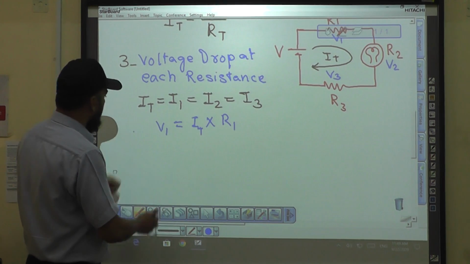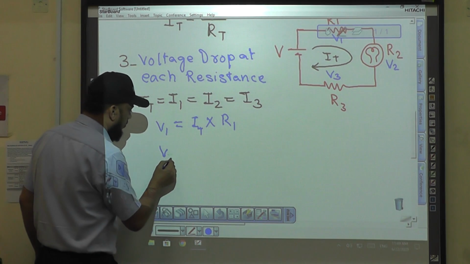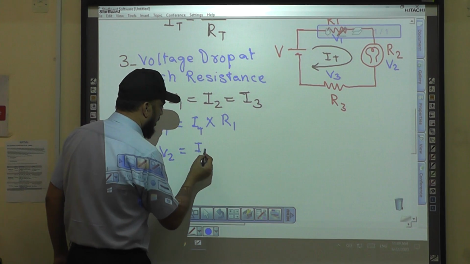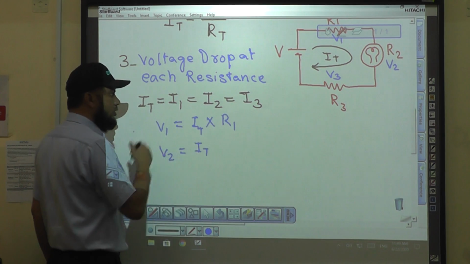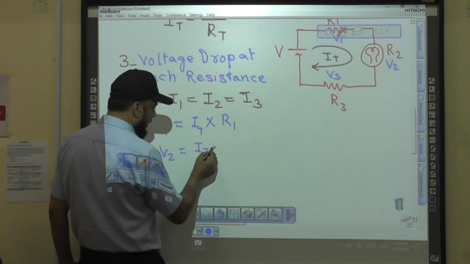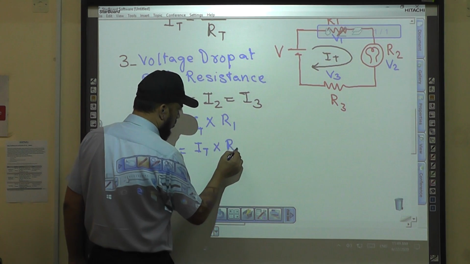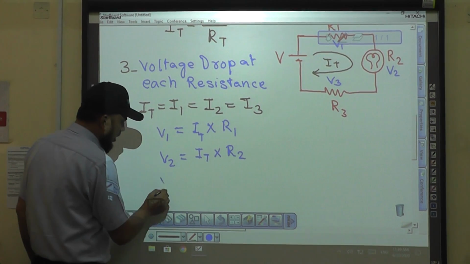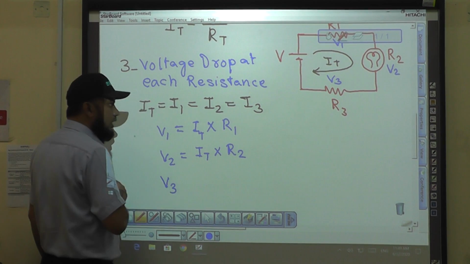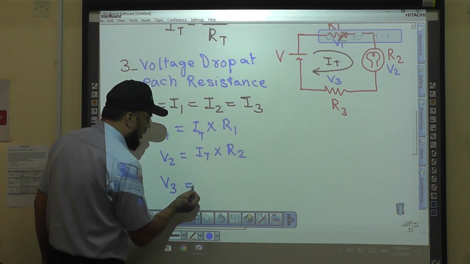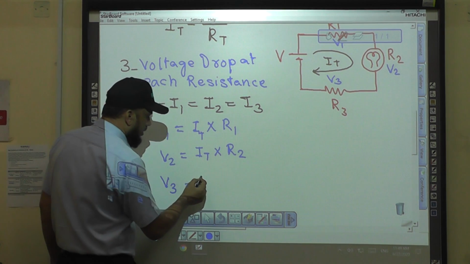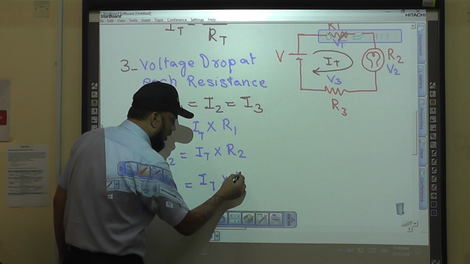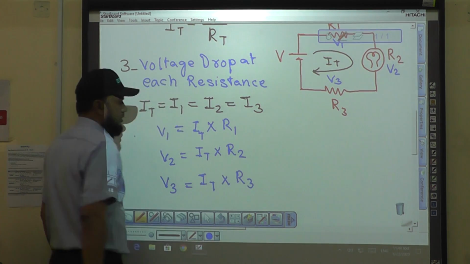Number two, in the same way we can calculate V2, again the same current flows through R2, so V2 equals IT times R2. And the same way V3 equals the same current I total times R3.